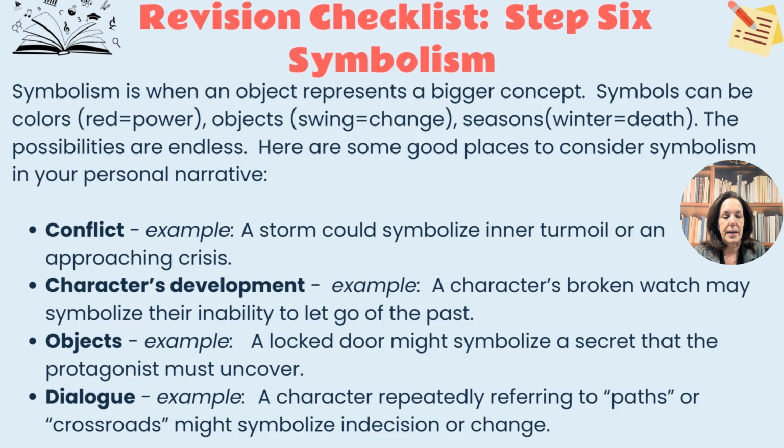With objects, that's where you will probably have the easiest time doing this. A locked door might symbolize a secret that the protagonist must uncover. Dialogue, a character repeatedly referring to paths or crossroads might symbolize indecision or change.